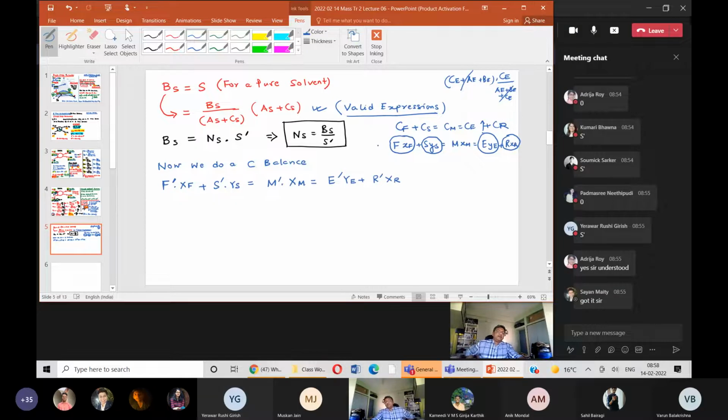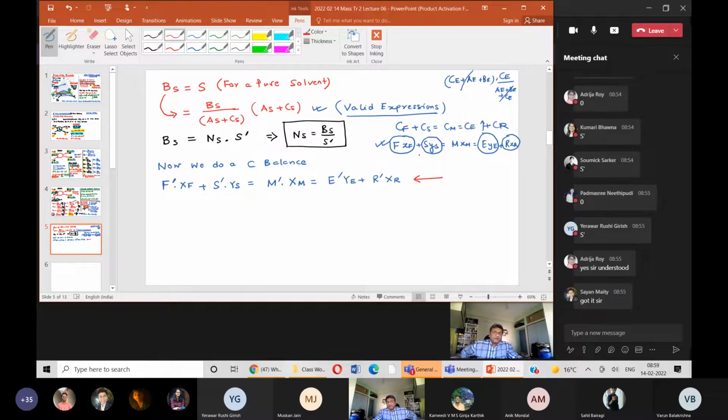And instead of using the regular conventional form, even if you write it on a B-free basis, it's essentially the same. So E dash is going to be C in E plus A in E, and YE is going to be CE divided by CE plus AE. So it gets cancelled out and they remain the same. So this is clear to all, why this is a valid C balance.